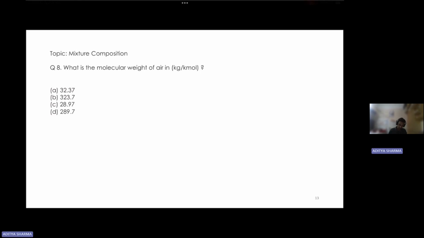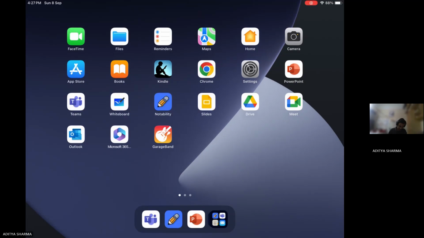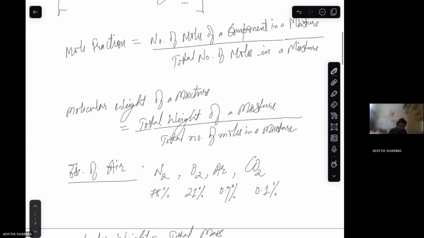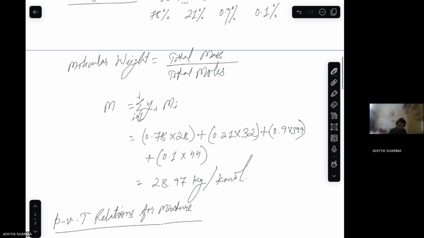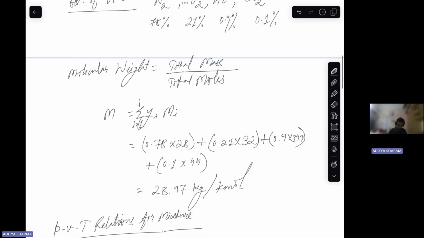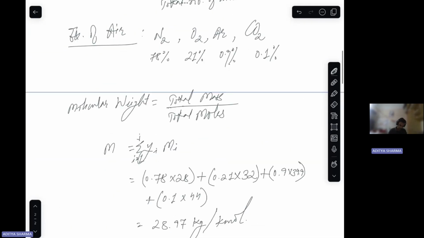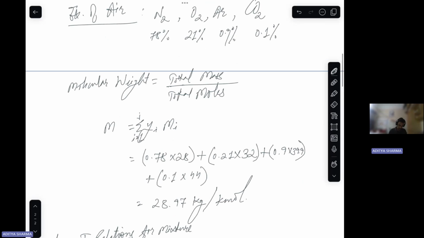Yes. So I have done this. I have worked this out here. If you see the molecular weight of air and how we came to this molecular weight, that also I have discussed.